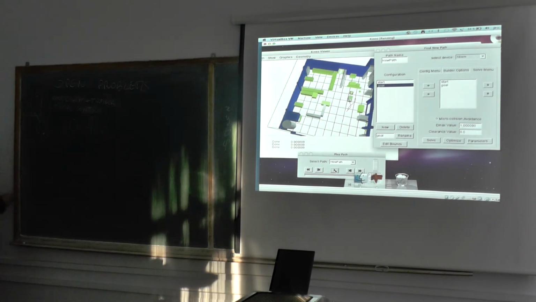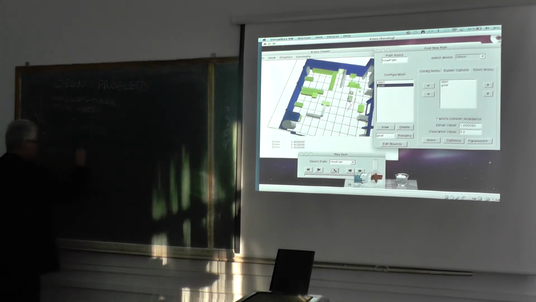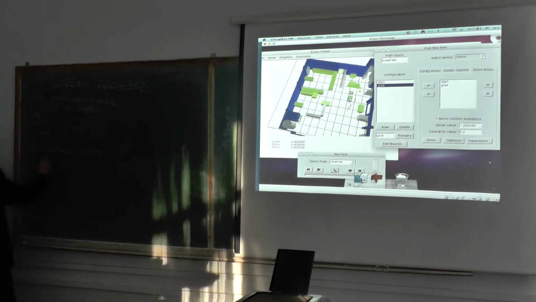The second one is that exact steering method for that system here, which is non-flat.